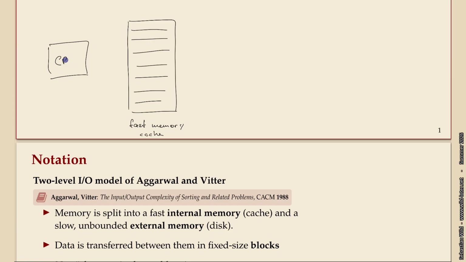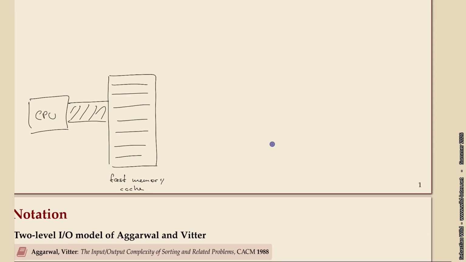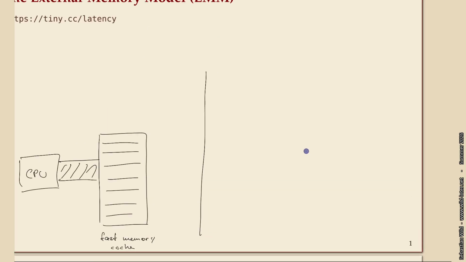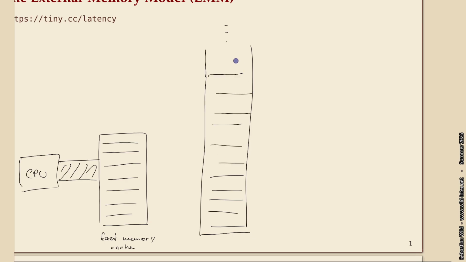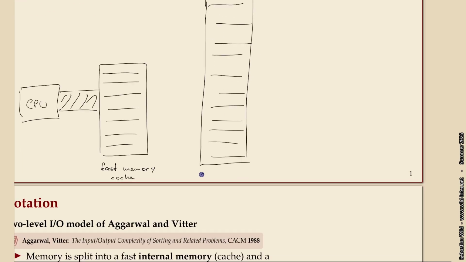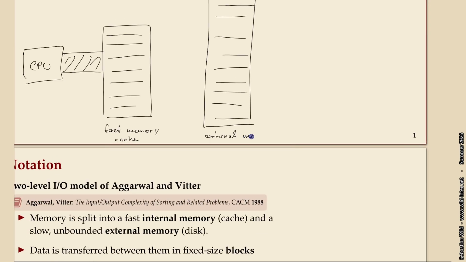So there's the CPU here with a fat bandwidth connection to main memory. But this is relatively small, and then there's a virtually infinite external memory. We have as much space as you want. But there's a much thinner connection, and you can only transfer blocks of memory.